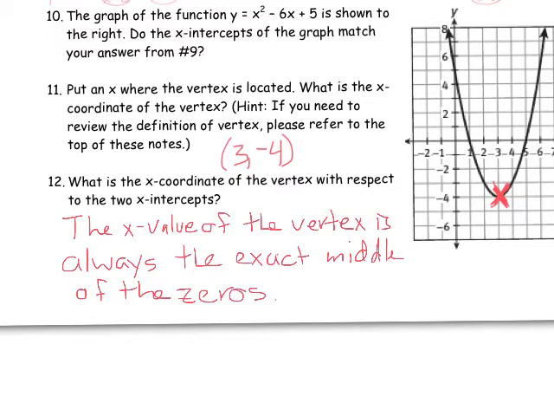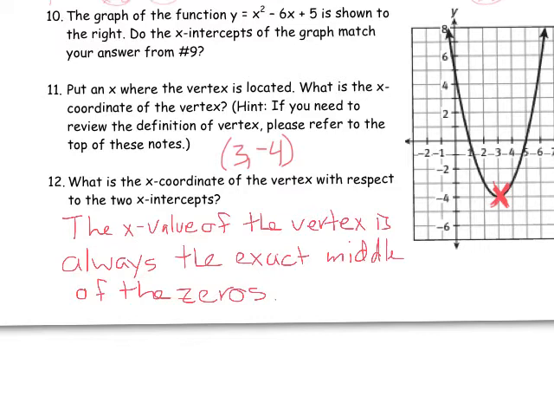And remember, zeros and x-intercepts and solutions are all the same thing. So that vertex will always split the middle between the 2 zeros. It'll obviously be up or down something. That's what makes it nonlinear. But it'll always split the middle of those 2 x-intercepts or solutions or zeros. Okay?